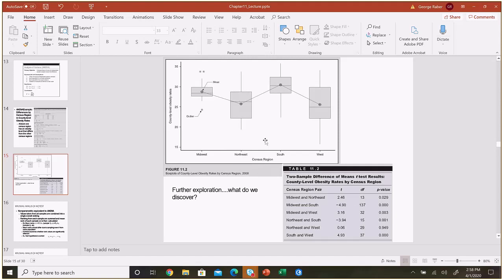Okay. But if we didn't have any reason to believe and we just wanted to compare the two, then we couldn't reject the null hypothesis because that doesn't reach the 0.05 standard.